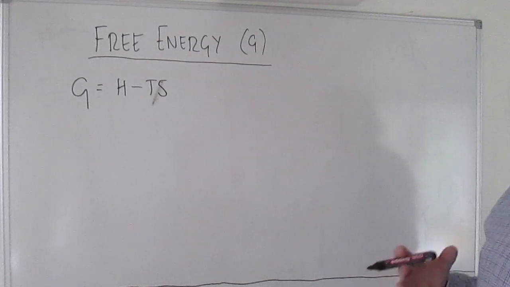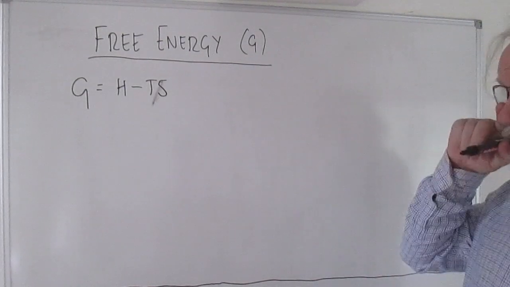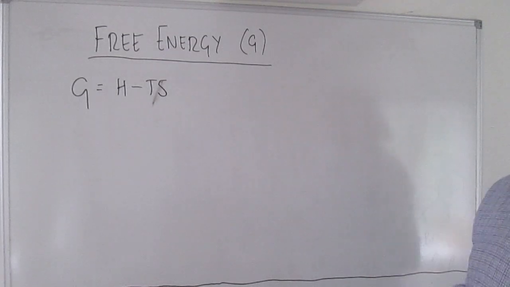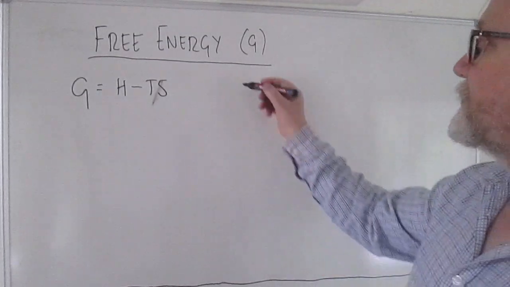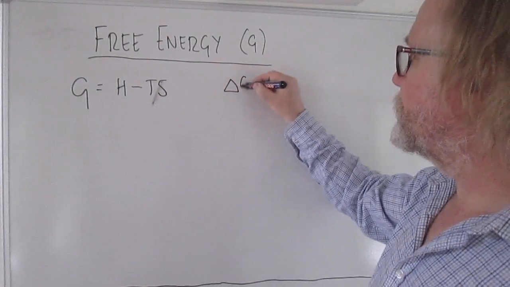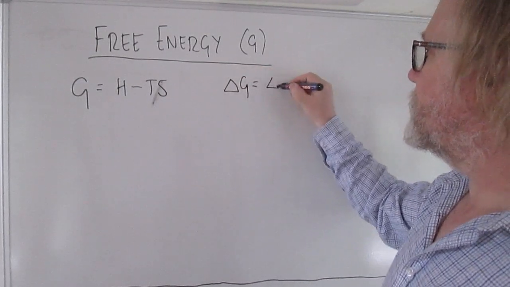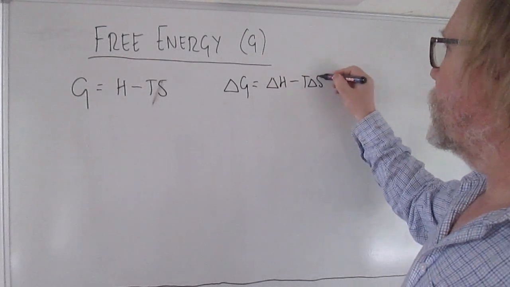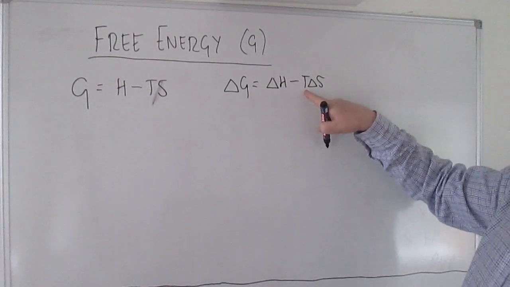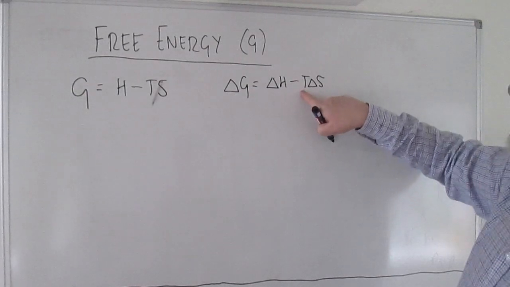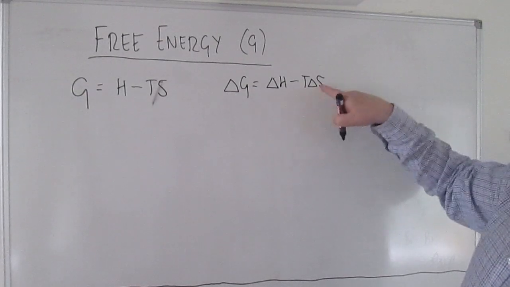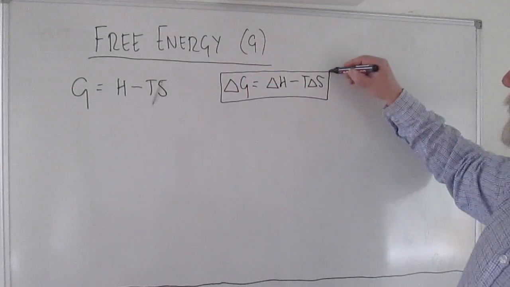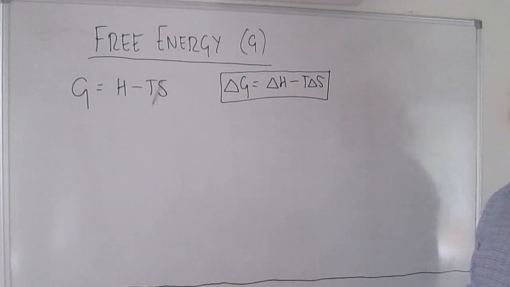But for our purposes, we're essentially always going to think about the change in these functions rather than their absolute value. So we're going to define it much more usefully like this, as delta G is equal to delta H minus T delta S, where we're effectively saying we're working at a constant temperature, so T is whatever it is, a constant value, and we just plug in these values. So that is the definition of free energy.